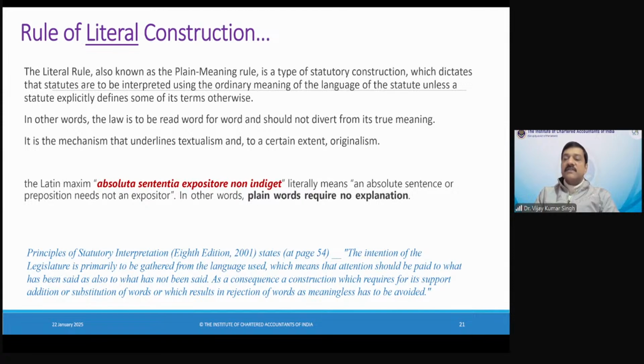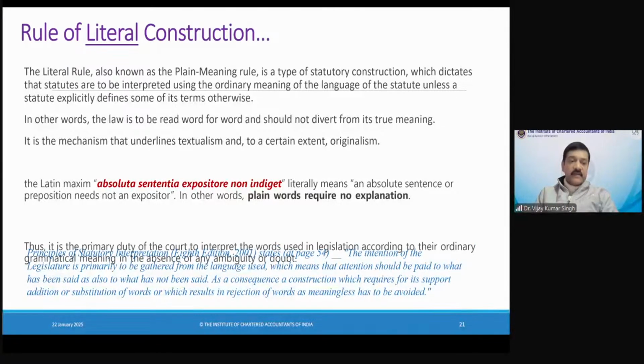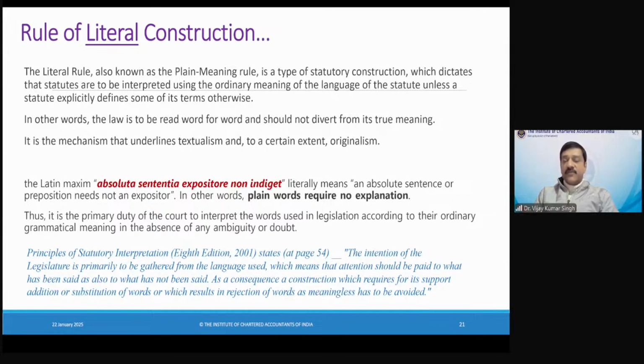This is what is the literal rule. So, wherever there is a plain word explained clearly, there is no requirement of further explanation of that. Thus, it is primary duty of the court to interpret the words used in legislation according to their ordinary grammatical meaning in the absence of any ambiguity or doubt.